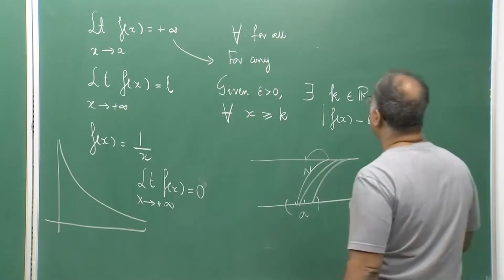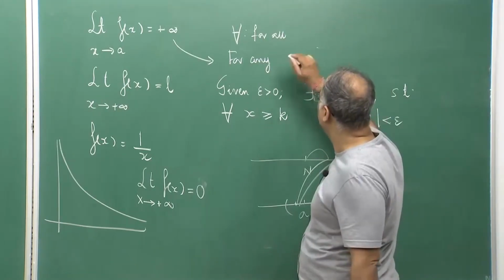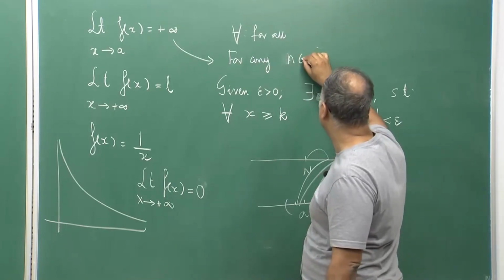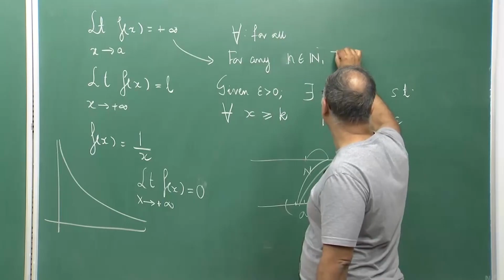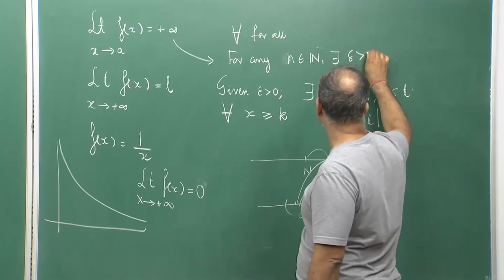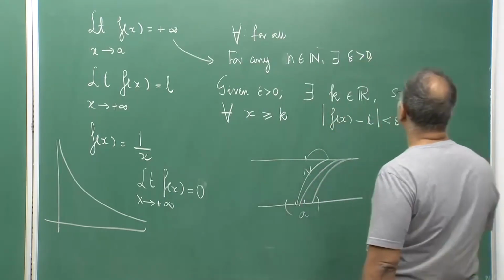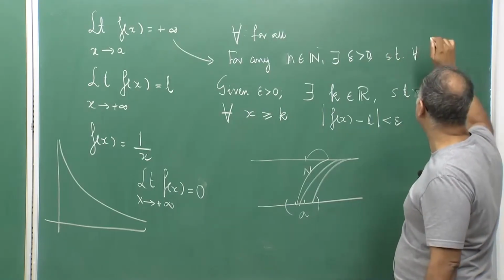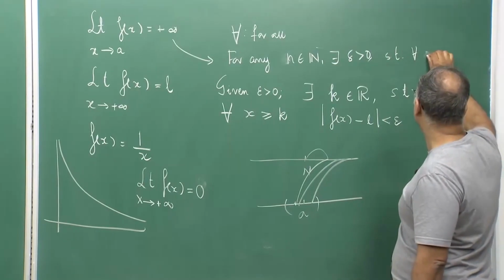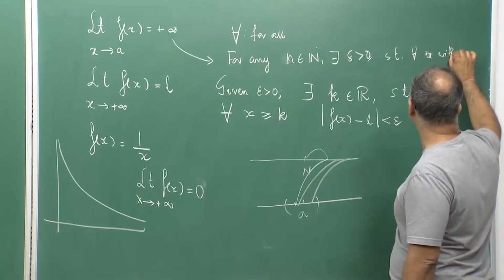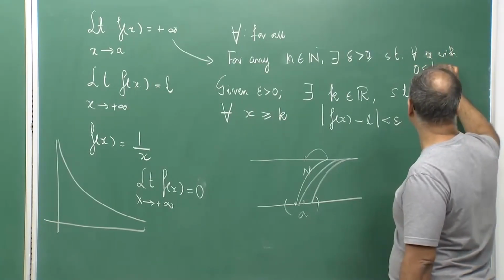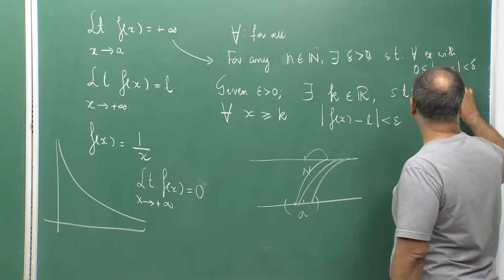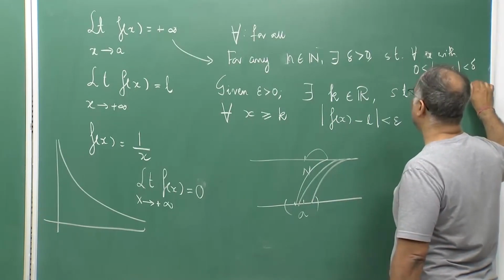Sorry, for any n element of N, there exists a delta greater than 0 such that for all x with the distance from A less than delta, f(x) must be bigger than your n.